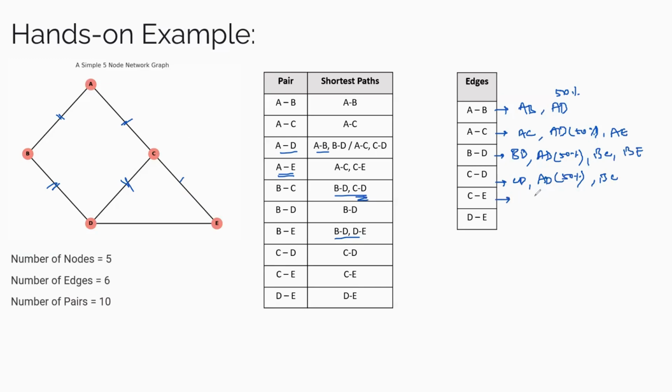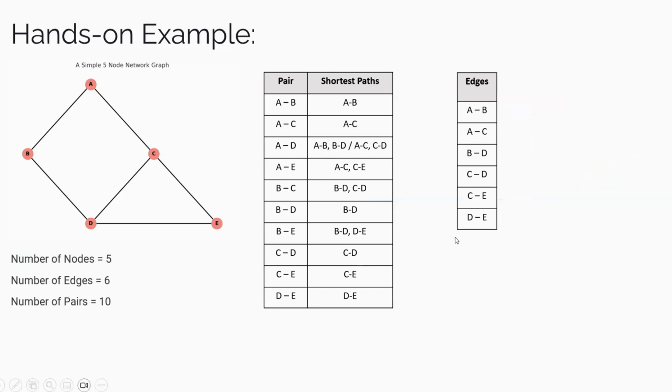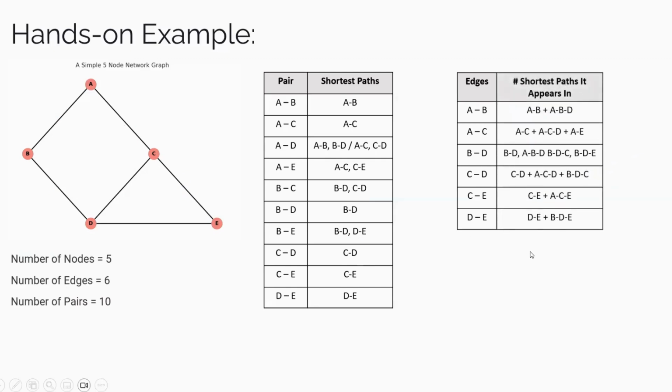Then CE, if I talk about, then of course CE direct connection and AE connection. And if I talk about DE, then we have direct connection between D and E, and then BE also it is existing. BE, right? B to D, D to E. So these are the total number of shortest paths that this edge is lying in.